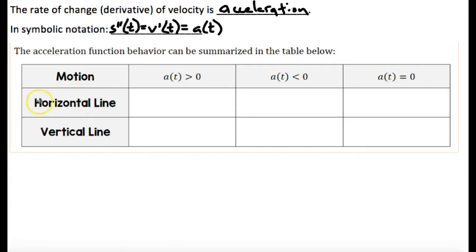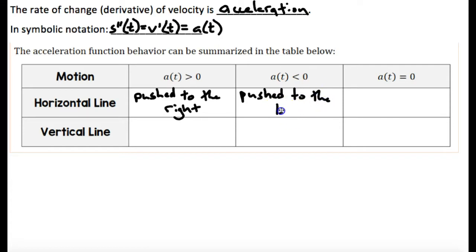Okay, so if we're thinking about something moving left and right, if acceleration is positive, what that means is it's being pushed to the right. If acceleration is negative, it is being pushed to the left.